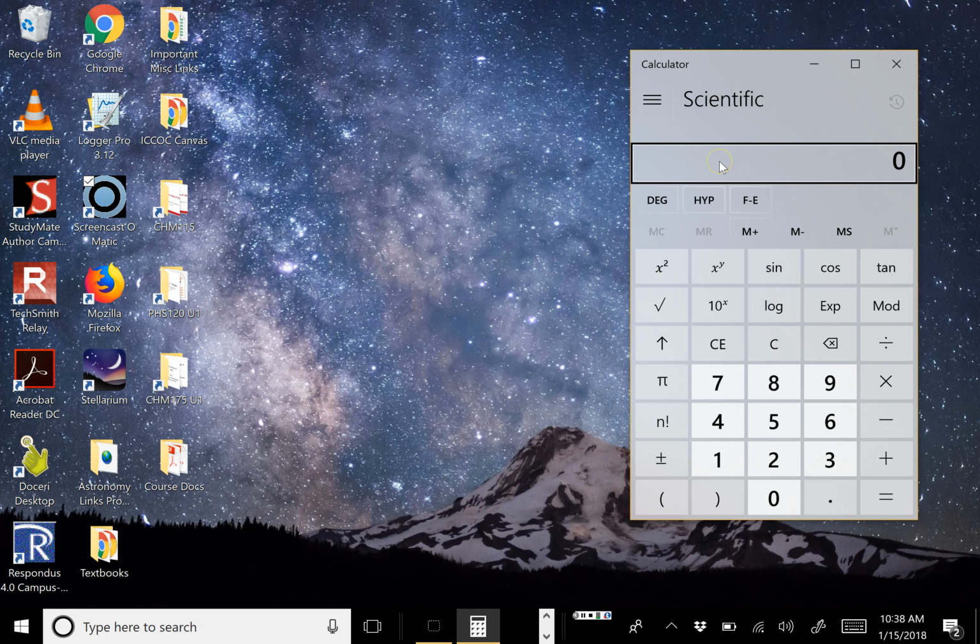So to put in the first number, I'm going to go 1.5, that's the coefficient part. And on this one, I'm going to hit the EXP key. And then I'm going to put 8. And then I'm going to say divide by the 500. Now, everybody's calculator is a little bit different. But it's 5 zeros, not 6.